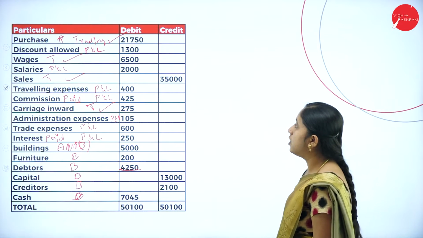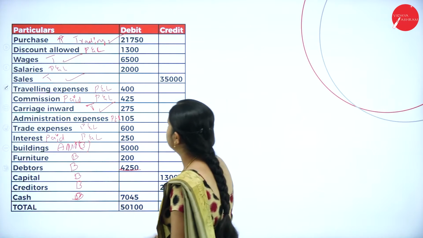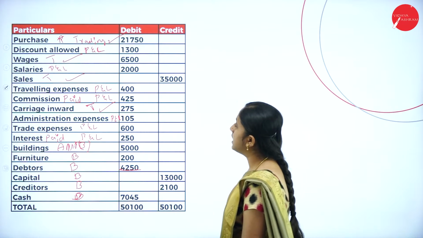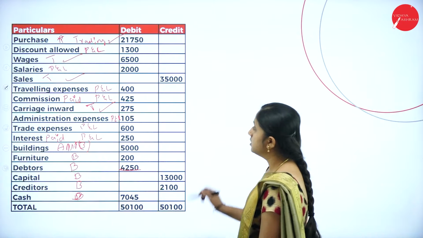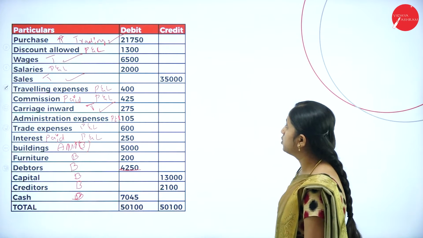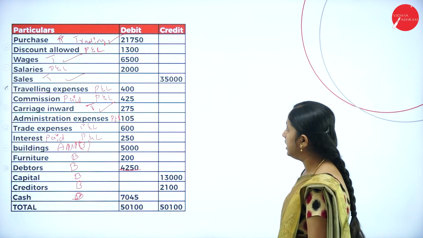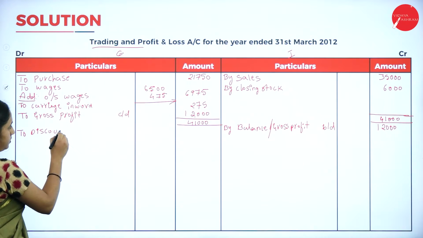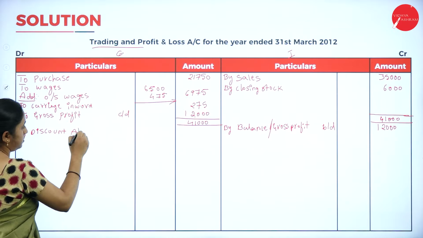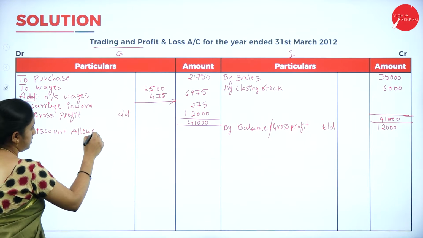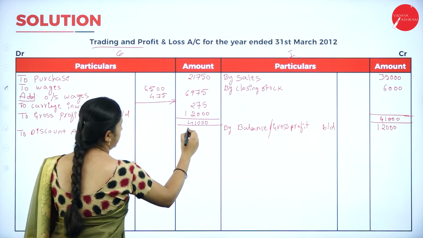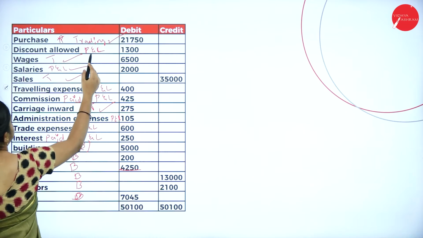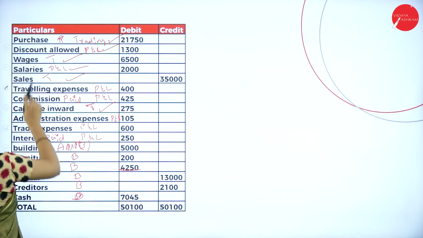Now consider all the profit and loss account items. Discount allowed is an expense. So write on the debit side, discount allowed rupees 1,300. To discount allowed rupees 1,300. Then salary.